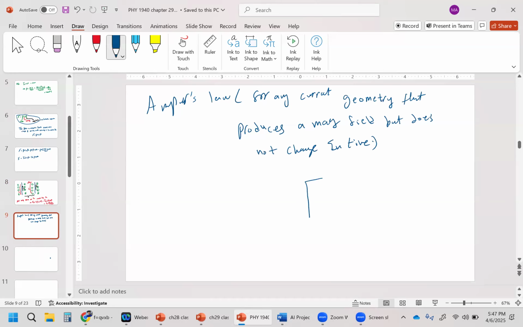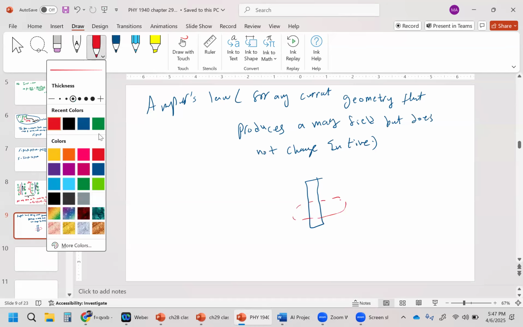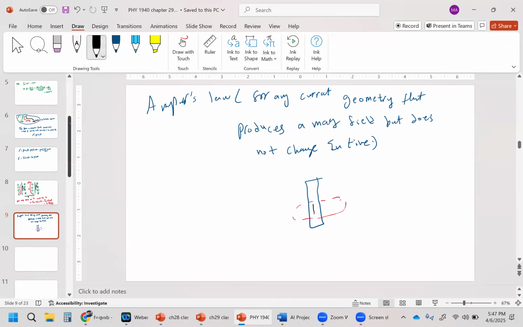So let's see, you have your wire over here, and then here's your magnetic field. You got your current I going in on top.